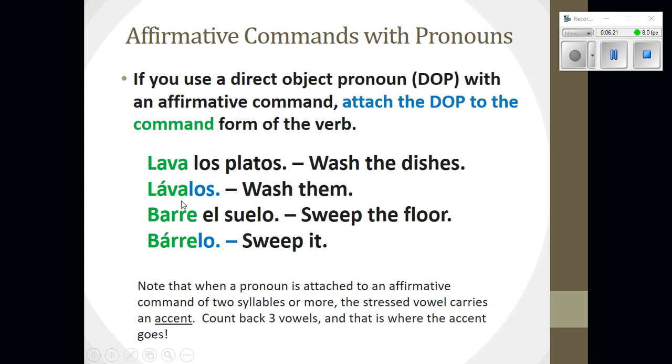Okay, we've attached a syllable, so we have to count back. We're going to start with the first vowel and count back 3. So 1, 2, 3. That's where the accent mark goes, okay? If you don't have 3 syllables, if you only have 2 syllables, then you don't need to include an accent mark. Okay, pause the video at this time and fill out part E of the note guide.